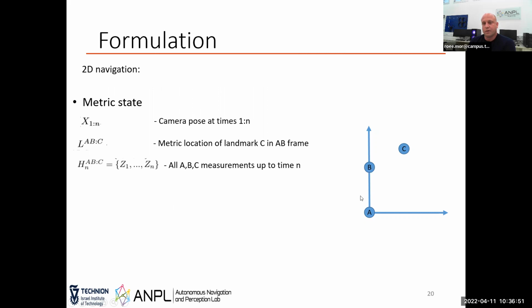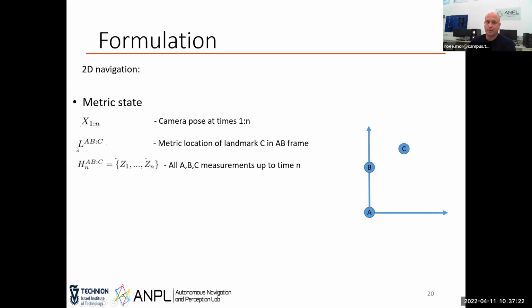So when we look at a single triplet, some annotations: we assume the camera measures this triplet at several spots in time, for several time steps. And then the location of the camera, the metric pose in this AB frame, is denoted as X for each time. And the triplet ABC is a notation that means the state of landmark C in the AB frame.